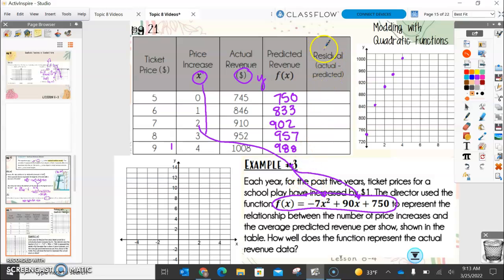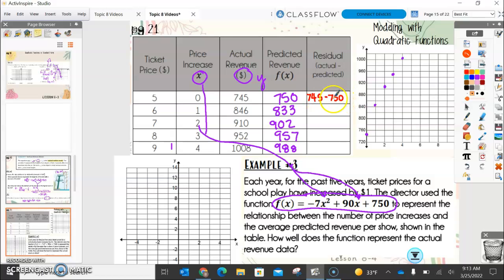So what we're going to look at is what's called a residual. That is what you actually got from raising the ticket price compared to what your equation predicted you would get. So this is the actual formula, or the real formula. Take your actual amount. We earned $745, but our parabola predicted that we were going to earn 750.